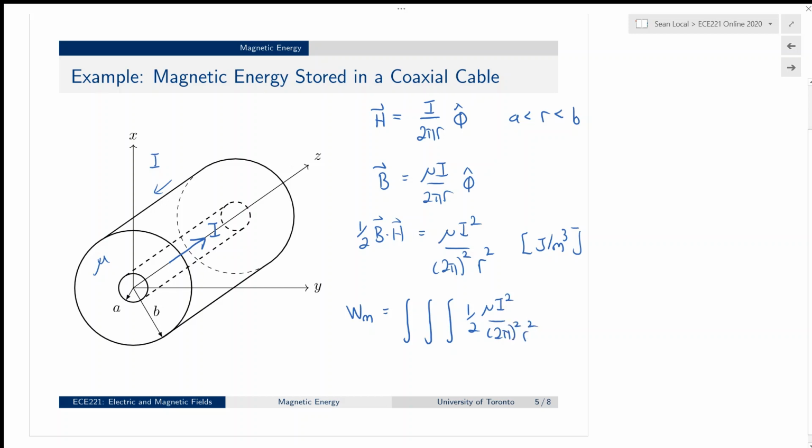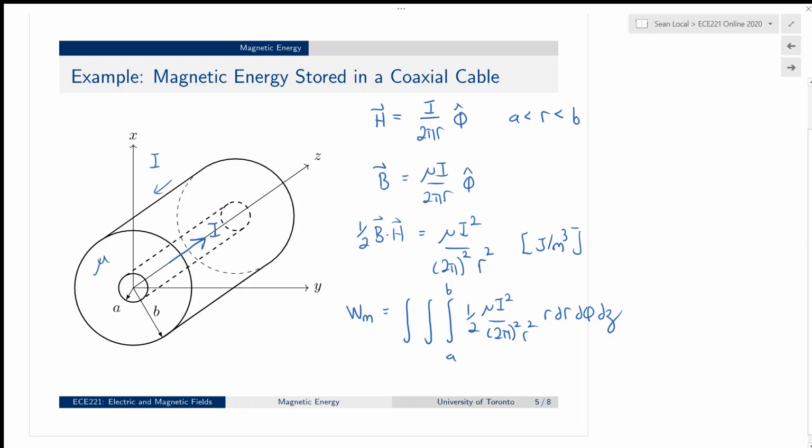Then we need to introduce our differential volume element in cylindrical coordinates, which is r dr d phi dz. The inner integral over r is between the inner and the outer conductors, which reside at r equals a and r equals b.